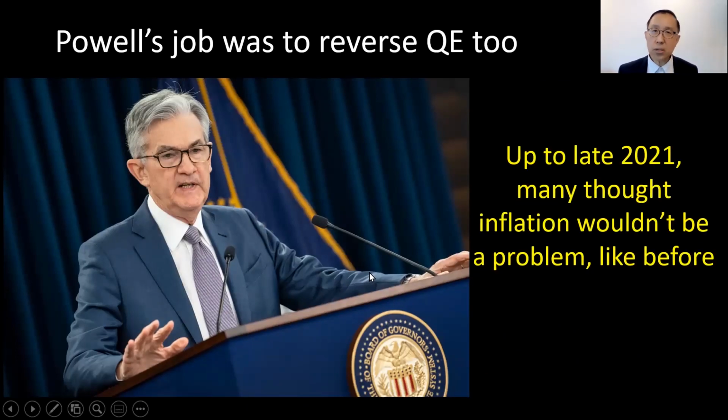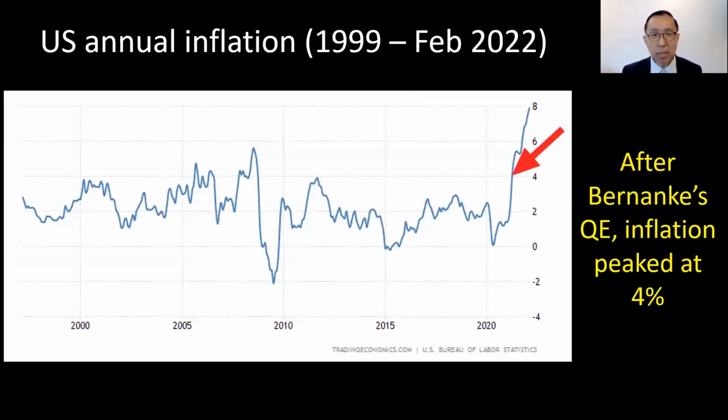Jerome Powell's job was also to reverse the QE, and for many, many months up to December last year, a lot of people thought that US inflation shouldn't be a problem. Why do they believe that? Because if you look at the inflation post-Lehman Brothers, right?